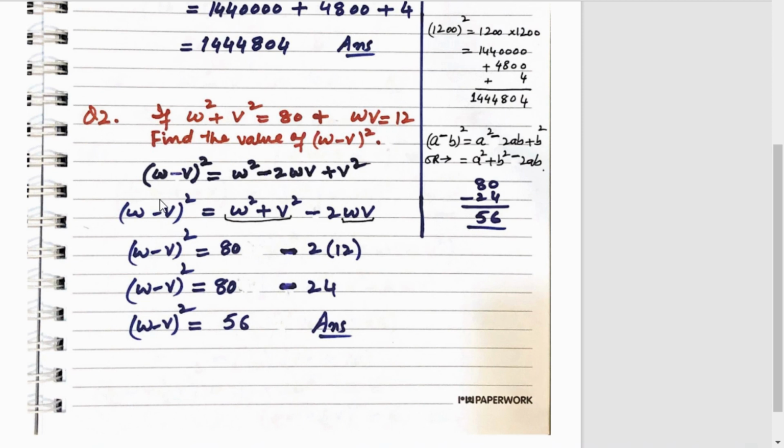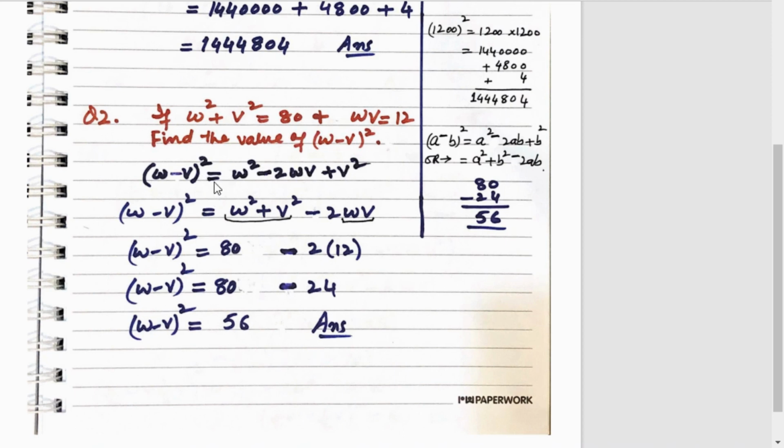Now very simple. This left hand side we are finding out will come as it is in every step. This 80 as it is, minus 12 times 2 is 24. Now plus sign with 80 and minus sign with 24. Very simple, subtraction is going on. We will subtract these two numbers and get the answer.